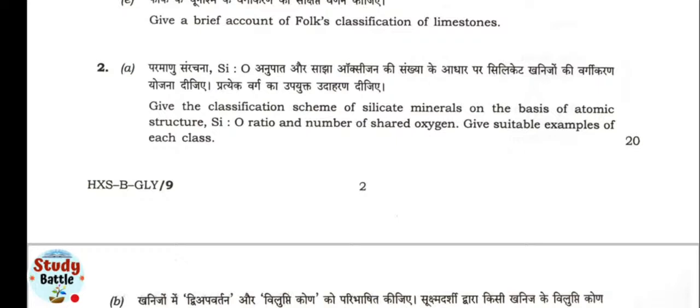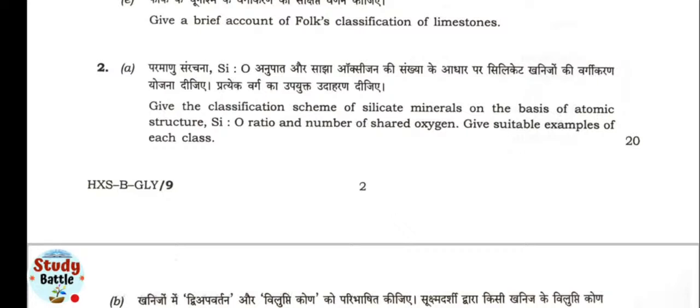On that basis we can define nesosilicate, tectosilicate, phyllosilicate, sorosilicate, or cyclosilicates. With the sharing of oxygen and silicon, different types of silicates arise. All these things have to be discussed here. Give suitable examples of each class.